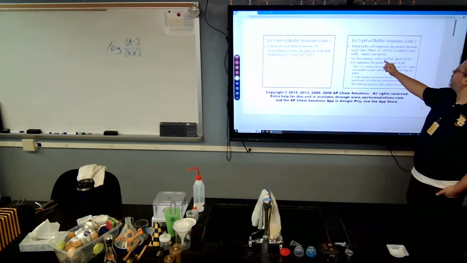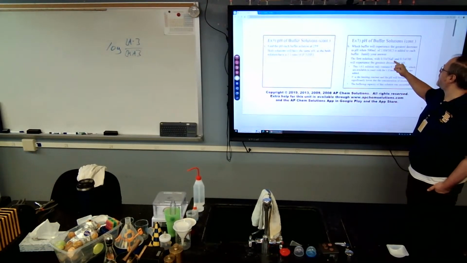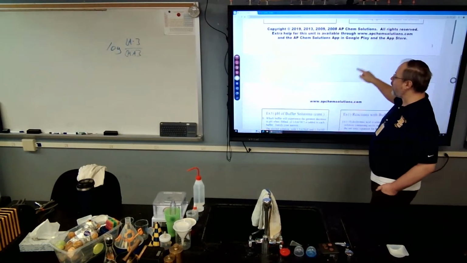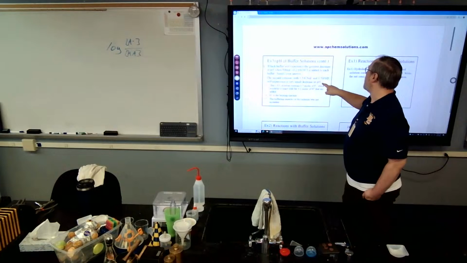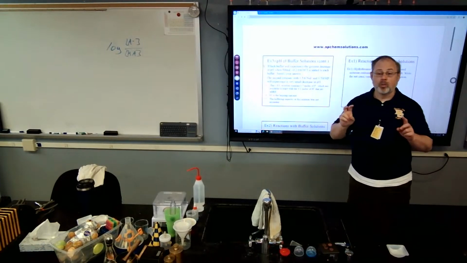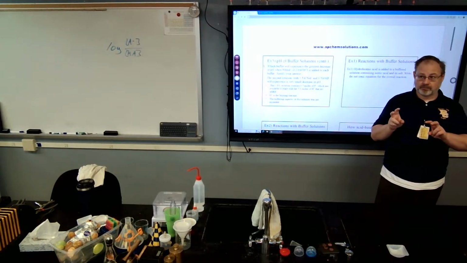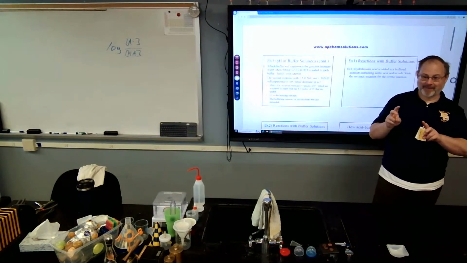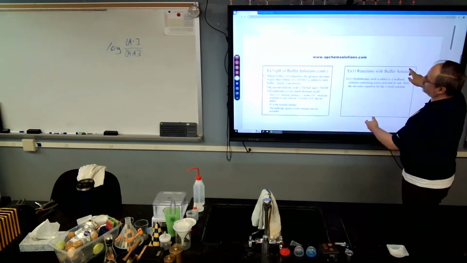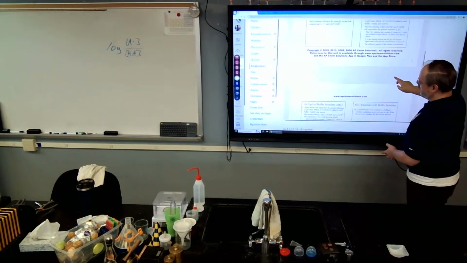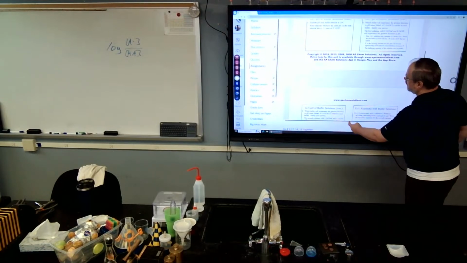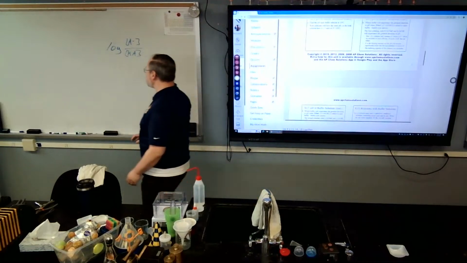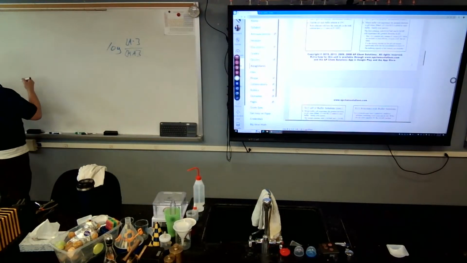So if you got a 0.5 molar NaF and a 0.5 molar HF, and you had a 1.5 molar NaF and a 1.5 molar HF, will their initial pHs be the same? Think about that. One of the solutions is 1.5 and 1.5, and one of the solutions is 0.5 and 0.5. Will their initial pHs be the same?